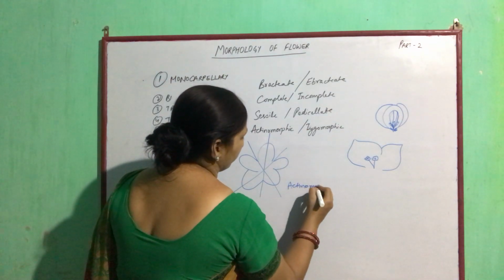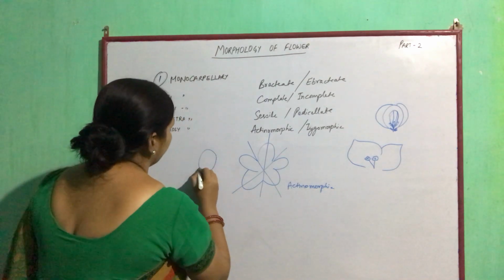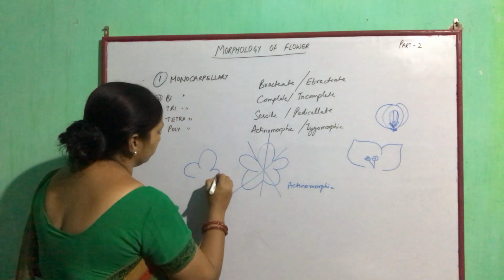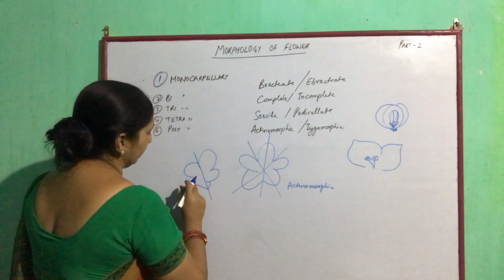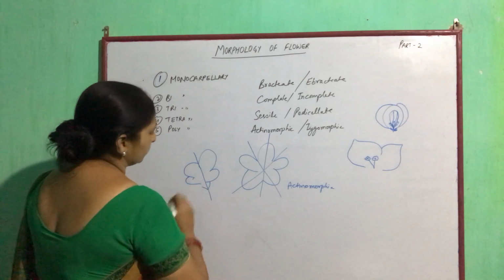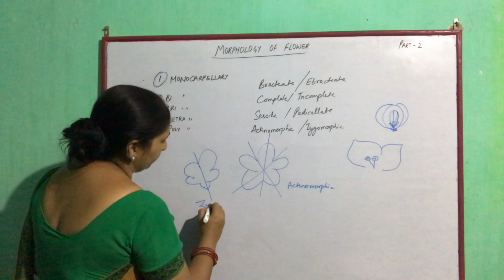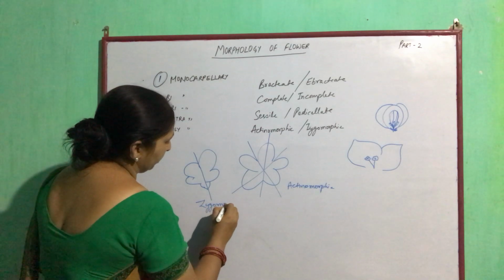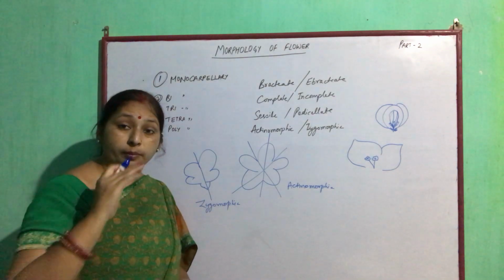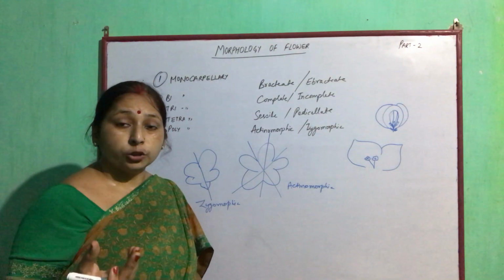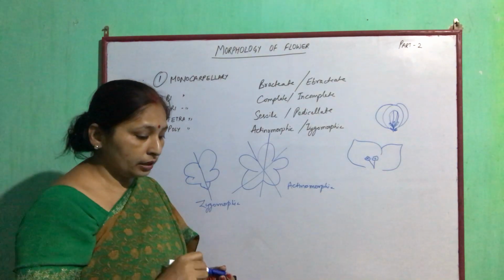But for a flower, if you can cut it into two equal halves from a single plane only, then it is a zygomorphic flower. If you can cut it into two equal halves from any plane, then actinomorphic. If from a single plane, then it is zygomorphic flower.